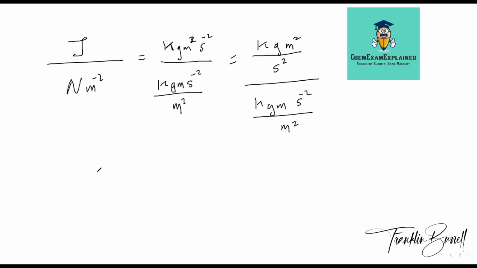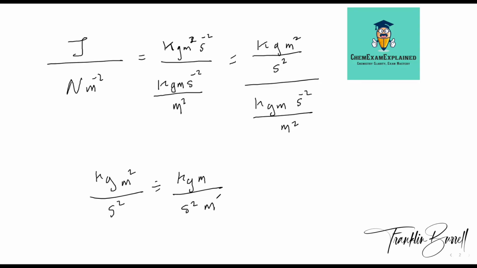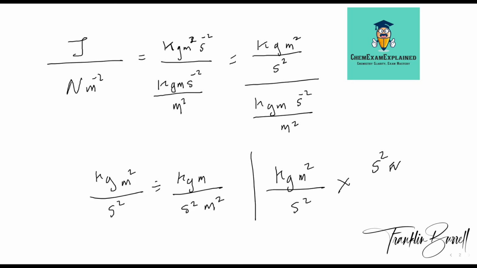So this will now give me kilogram meter squared per second squared divided by kilogram meter per second squared per meter squared. So we're now going to multiply this by this, and therefore this part will be inverted. So I have now kilogram meter squared per second squared multiplied by second squared meter squared over kilogram meter.